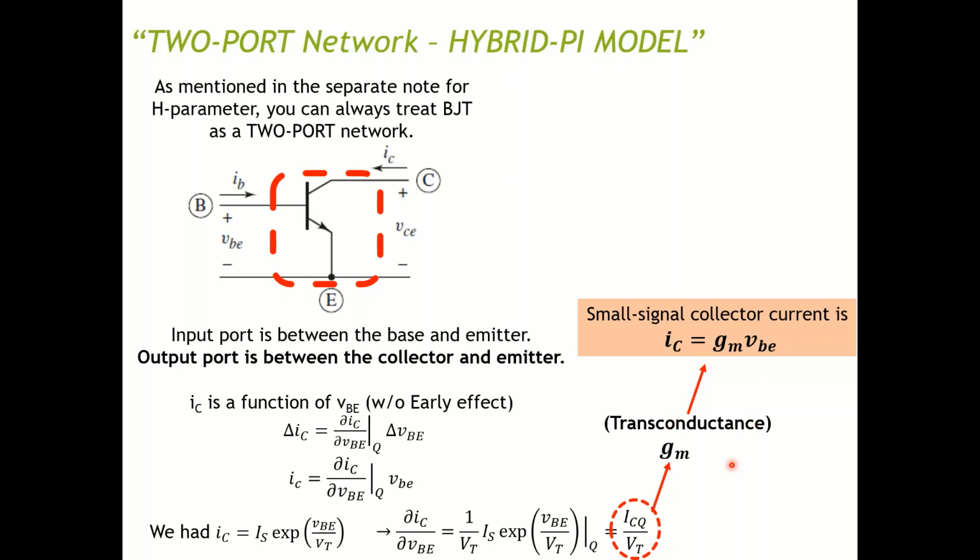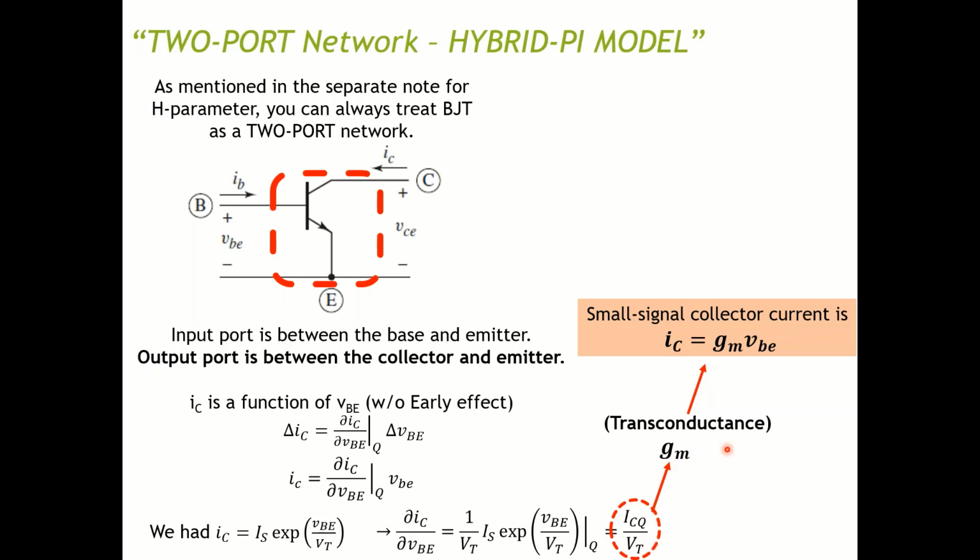Instead of writing this equation to describe the relationship between IC and VBE, because this is a linear equation, you can represent this whole slope as GM, and GM equals ICQ over VT. GM is also a function of Q point parameter. So if the Q point changes, GM also changes.